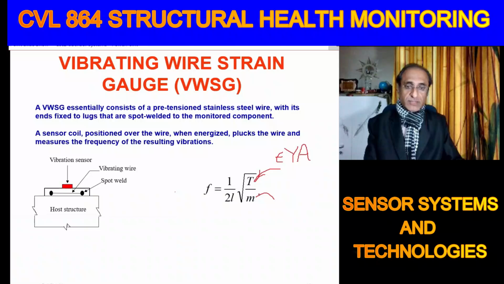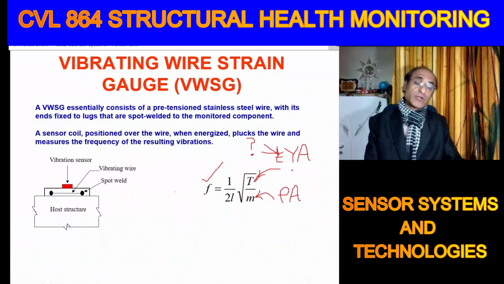Similarly, m is the mass per unit length, so all we have to do is multiply the density by the cross-sectional area. So what happens is that in the numerator and denominator, the area of cross-section will get cancelled out, and we will be able to derive an expression for the strain in terms of the measured frequency f, and from the frequency measured we can obtain the strain in the system.